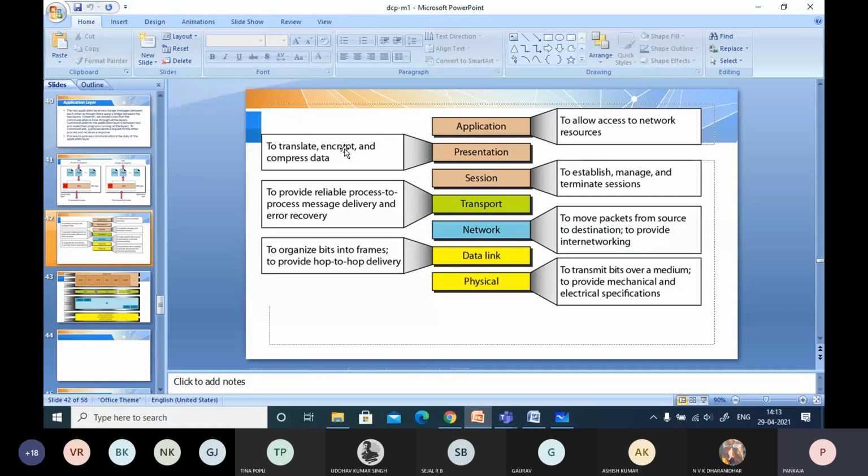All this translation is taken care of by the presentation layer, which is also called interoperability. If I send mail using Chrome, it does not have to be delivered to Chrome only. Even if it is using any other software, you will still be able to receive the data. Compression and encryption of data are also taken care of by the presentation layer.